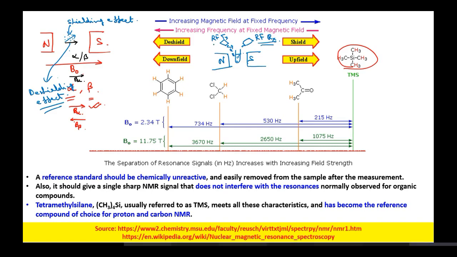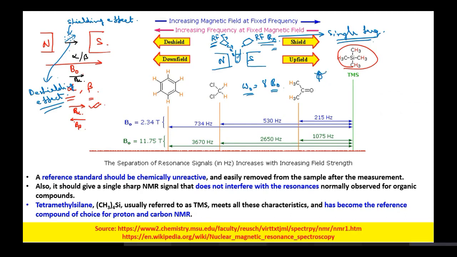Now this RF transmitter and RF receiver are working at a single frequency. There is another term called the Larmor frequency, which is given by omega naught equals gamma B0. What is this? We were talking about the protons moving just like a top.